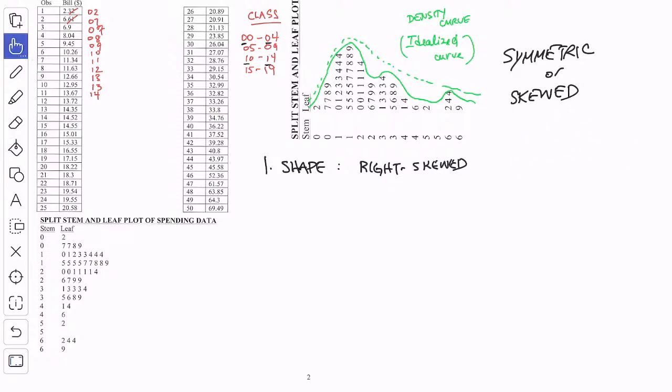It shows that a few observations are set apart from the general pattern of the other data.